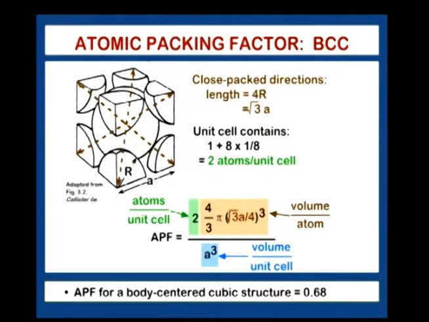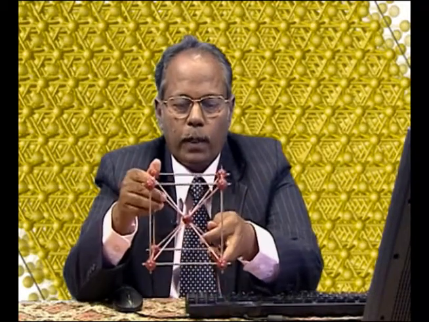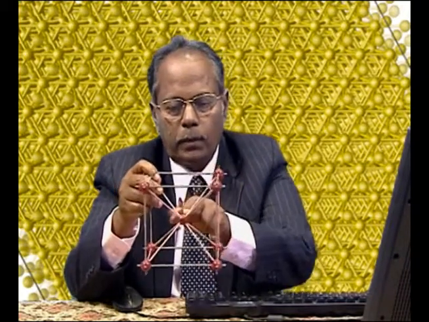What do you mean by that? 68% of the cell volume is occupied by the atoms, when the atoms are assumed to be like hard spheres, 68% is occupied, right. When compared to simple cubic, the packing density is much higher in the case of body centered cubic. Obviously, it should be there because there is one extra atom here. So, the packing density will be higher.